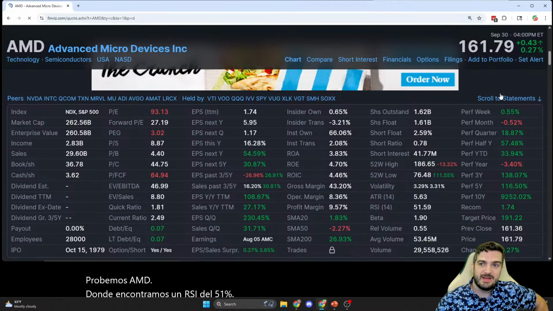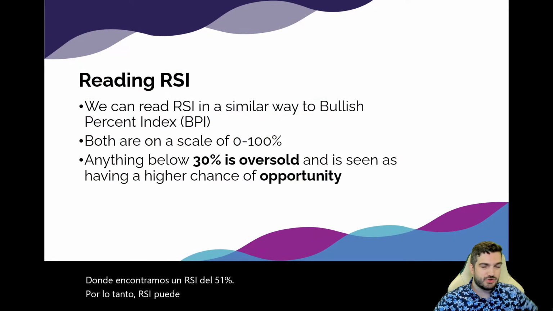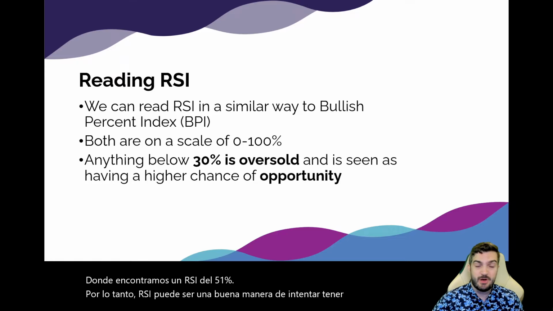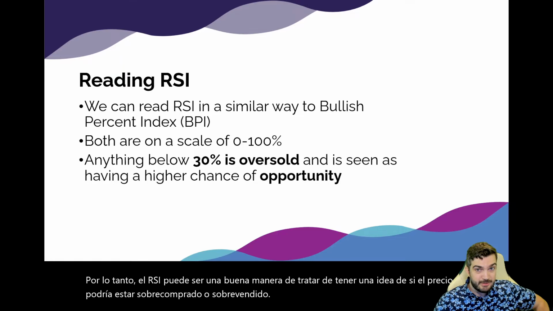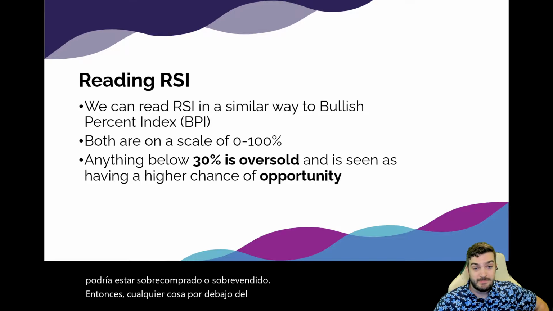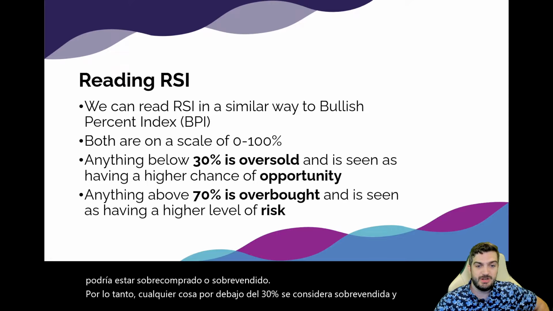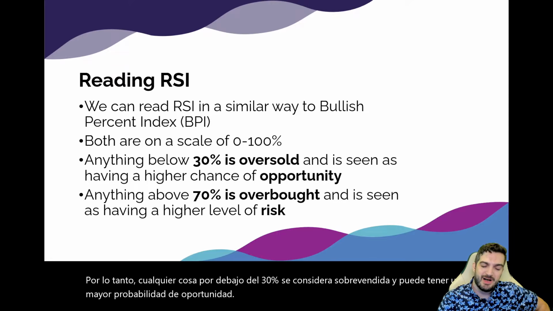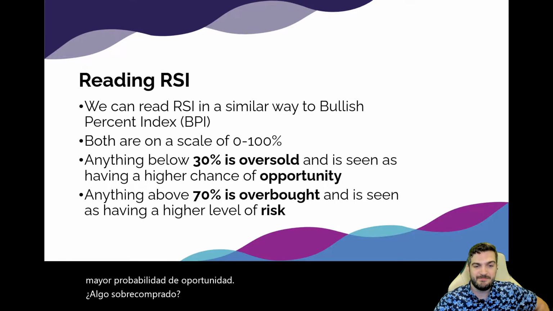So RSI can be a good way for us to try and get an idea of if the price might be overbought or oversold. So anything below 30% is considered oversold and can have a higher chance of opportunity. Anything overbought, 70% or higher, is seen as having a higher level of risk.